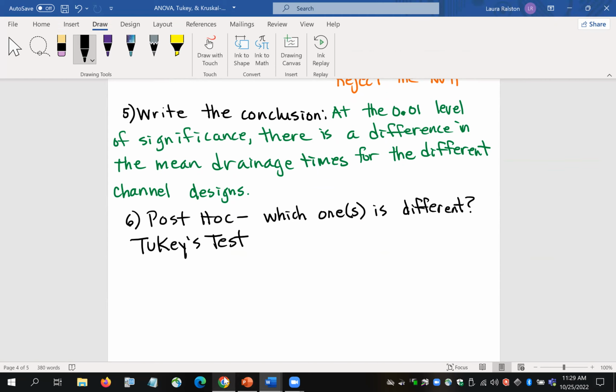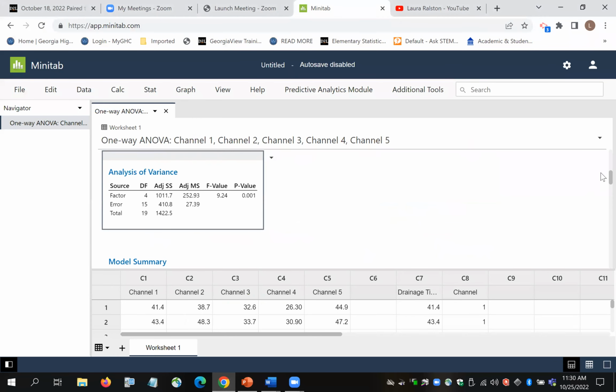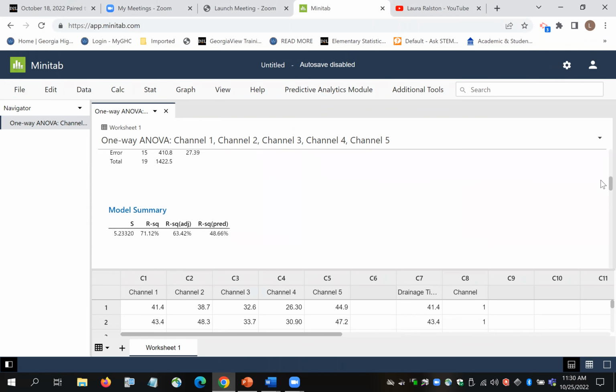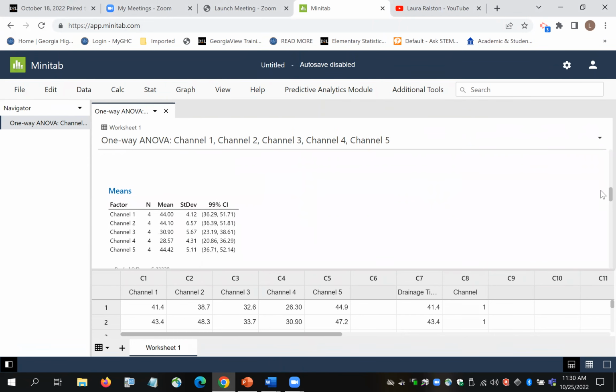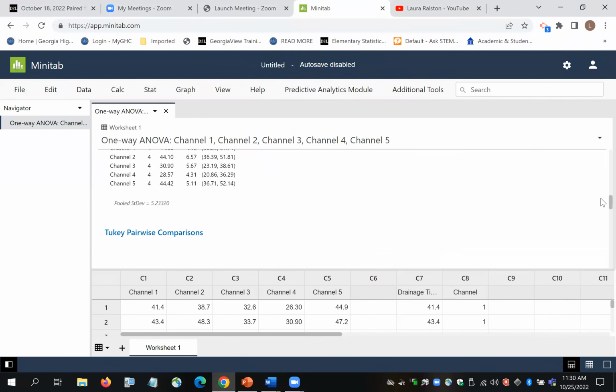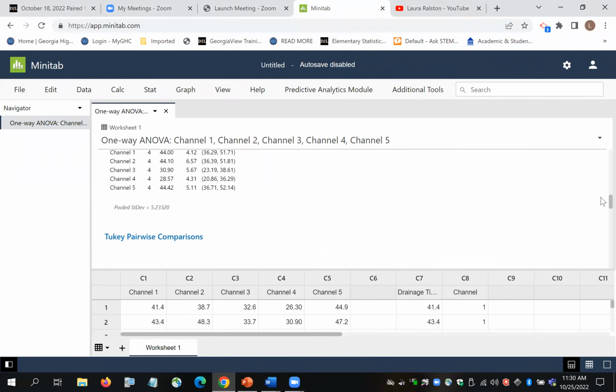Okay, so let's go back over here to our Minitab results. And if I keep scrolling, one of the things you can look at, not that you have to, but you can look at the actual means. Notice that channel 1, channel 2, and channel 5 all seem to have a mean around 44.